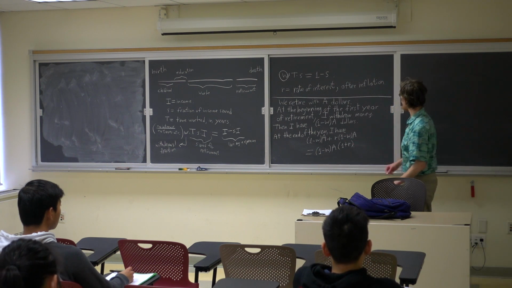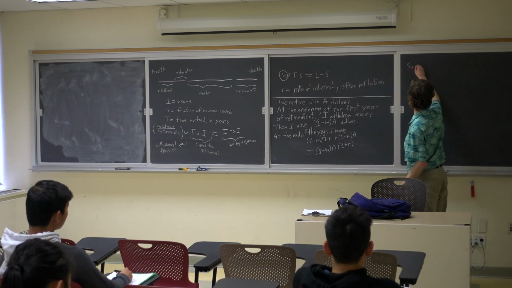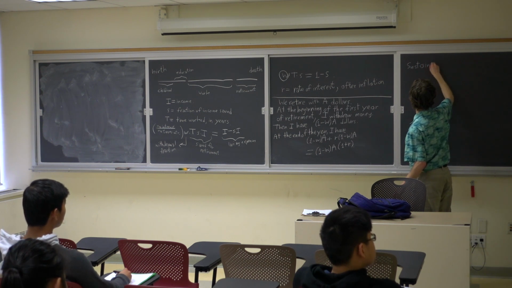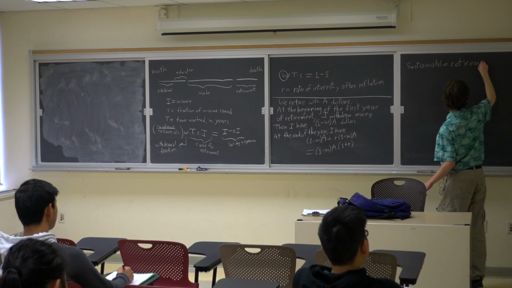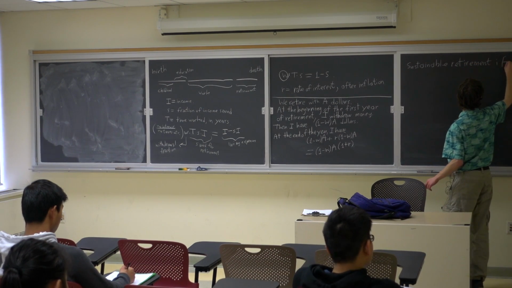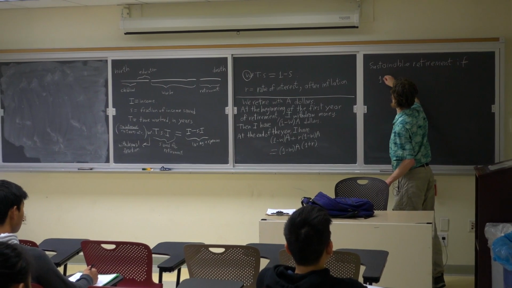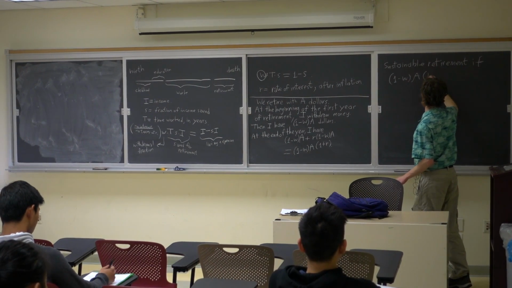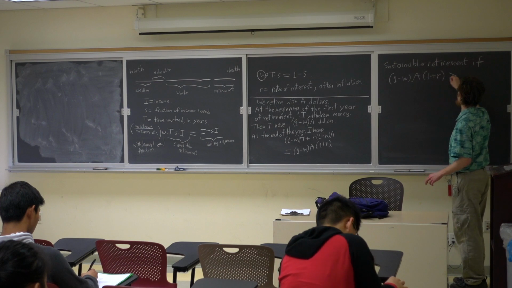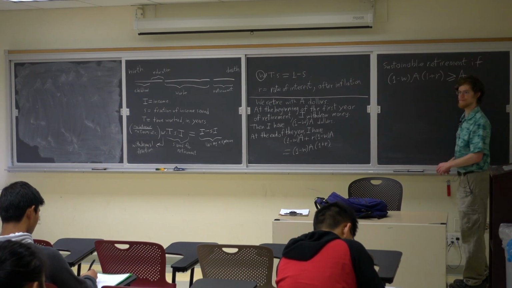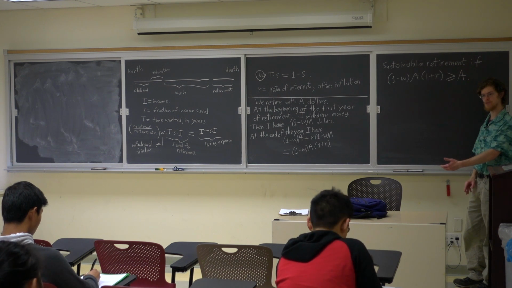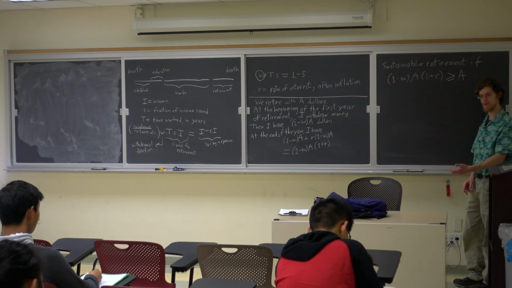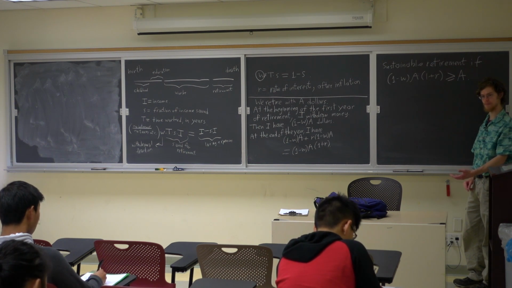So then we have sustainable retirement if this amount is greater than or equal to A. If the amount of money I had after 1 year of retirement is greater than or equal to my original amount of money saved, then I consider that retirement to be sustainable.